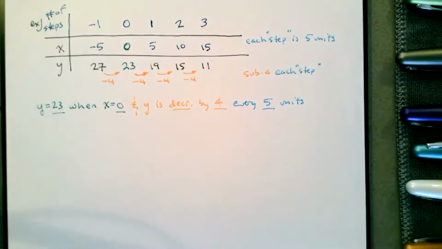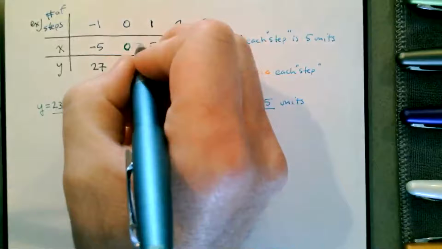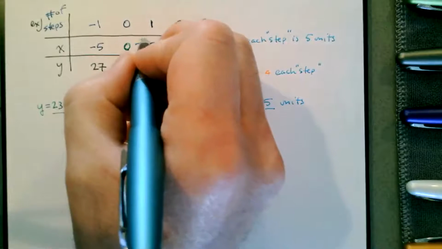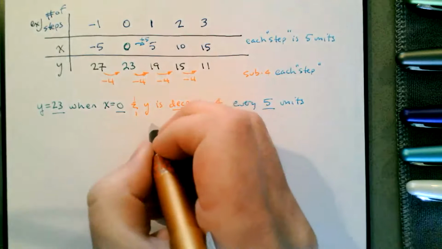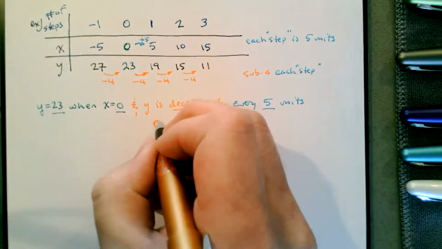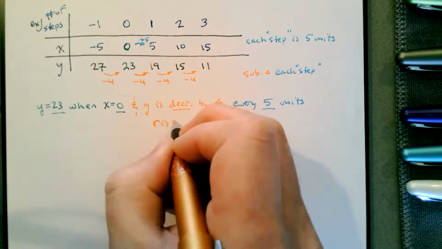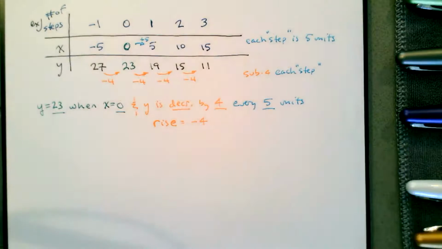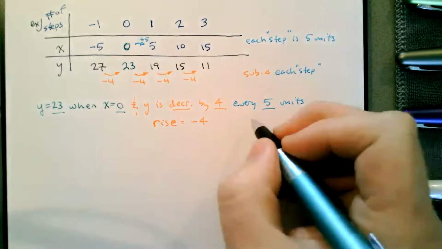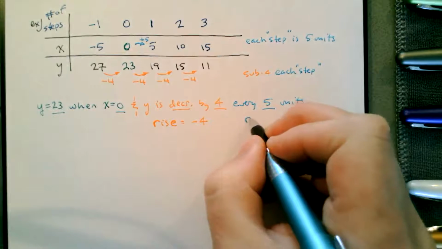So when we see that y is decreasing by 4 every 5 units, the decreasing by 4 is the change in y, which we usually call the rise. So we could use this to say that the rise is -4. How often that happens, we can write as the run.